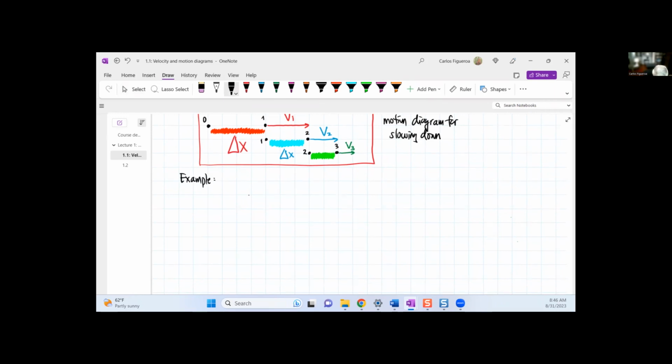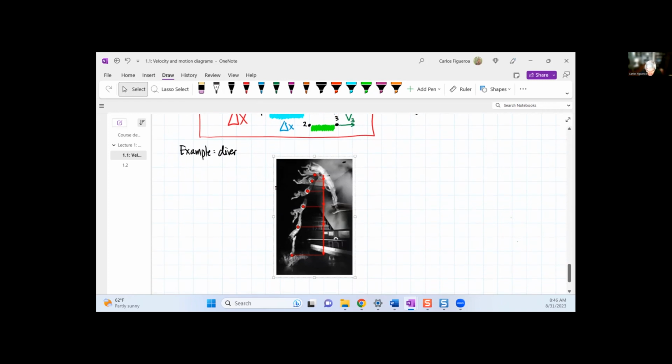And this is of a diver coming down. What I did here in this situation is that I went ahead and automatically just drew the dots to save time.